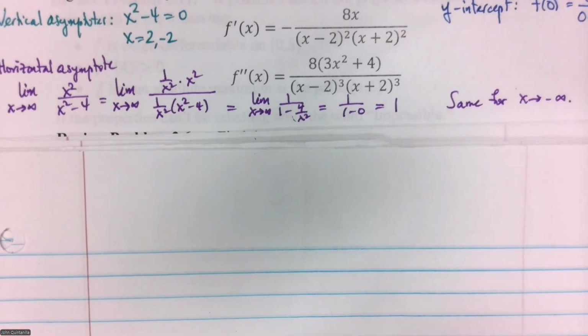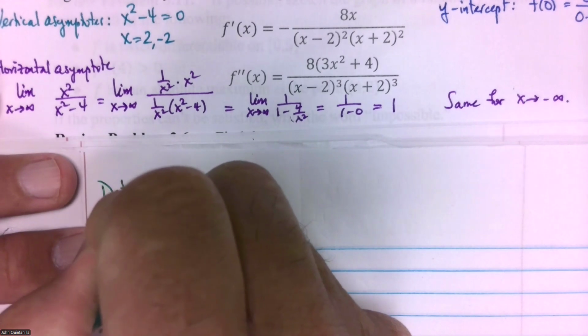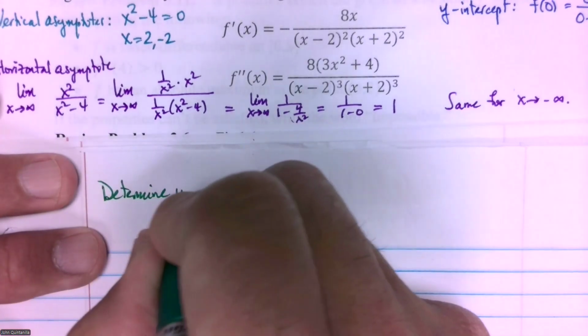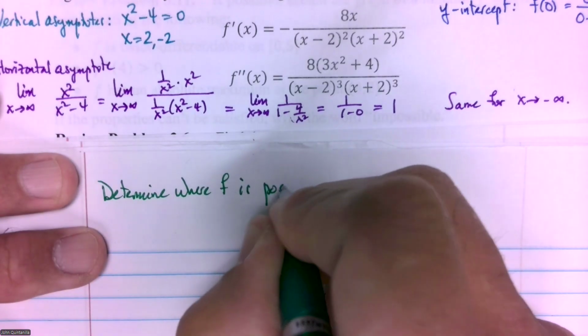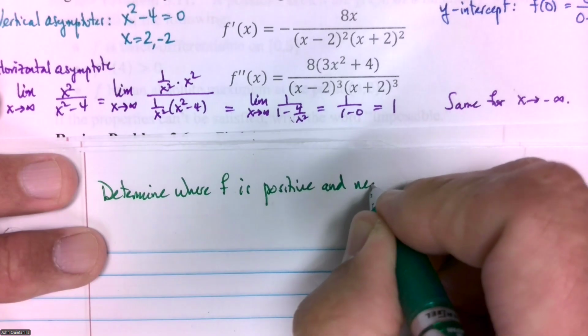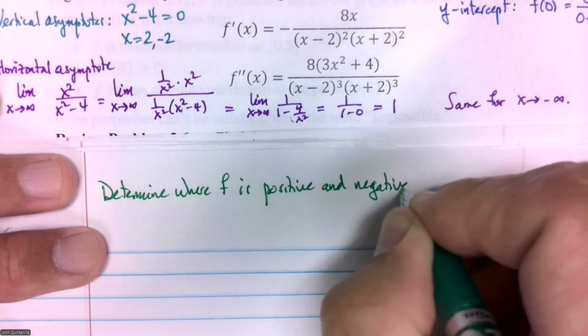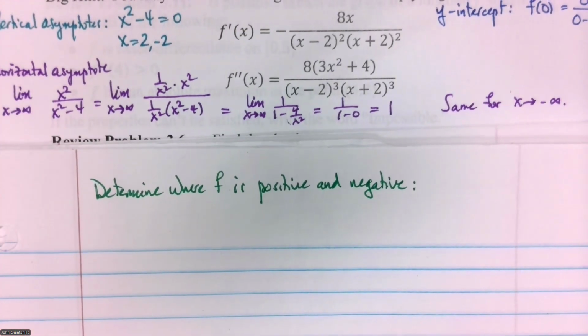To continue, let's figure out the places where the function itself is positive and negative. Now, this can be done a couple of ways. One way is by plugging in numbers.